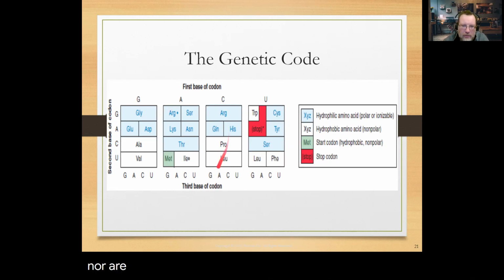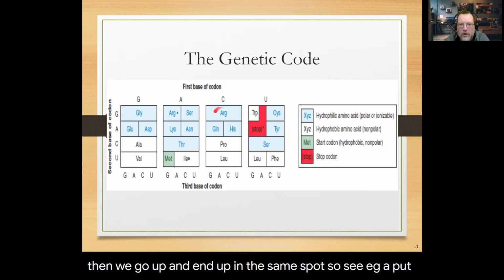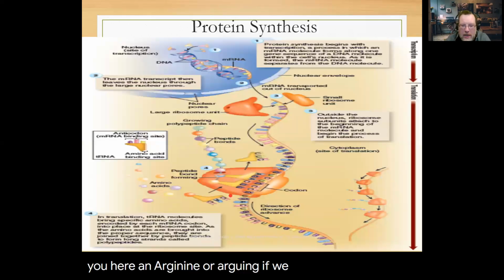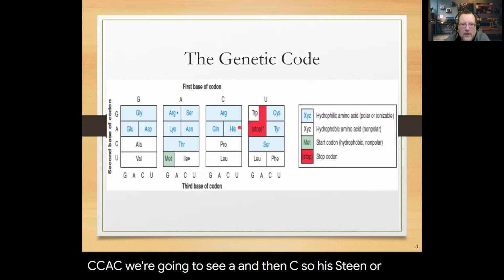But the third base of the codon was A down here, so then we go up and end up in the same spot. So CGA puts you here in arginine. If we go back here and see CAC, we're going to see C, A, and then C. So histidine.